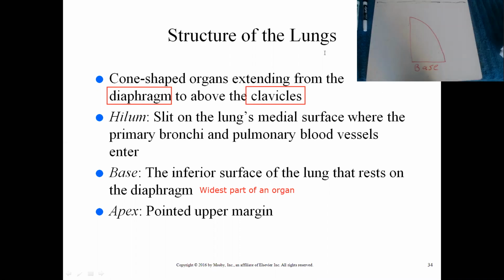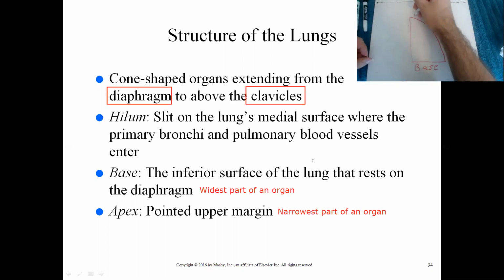On some other organs like the heart, actually the top would be the widest, so the top would be the base. In the case of lungs, the bottom is the base. Similar for apex. Apex is the narrowest part of an organ. So in the lung, the top point is the apex.